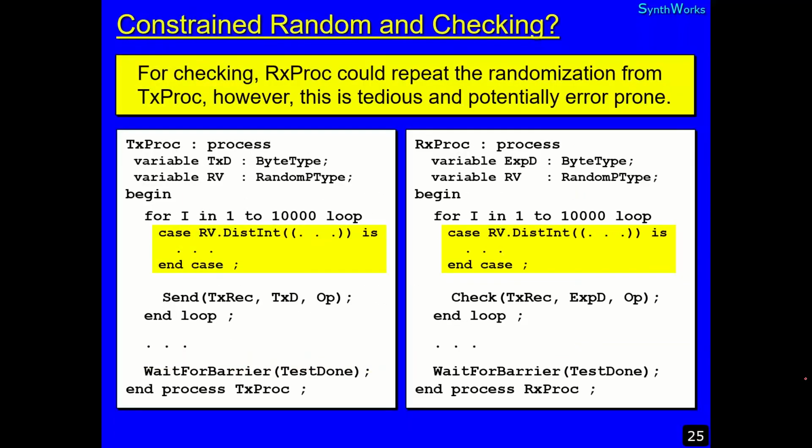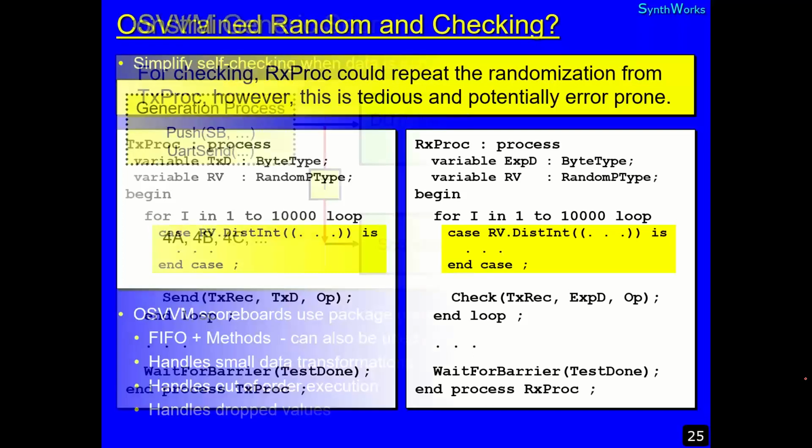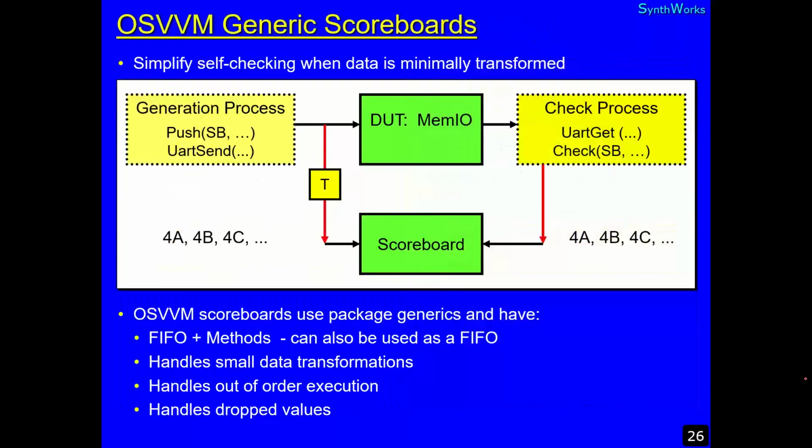Now, what about checking? Well, I could repeat that pattern in the checker process, but that's tedious, error prone, and in my mind, not a viable methodology. So we're not going to do that. Instead, this is a great time to introduce OSVVM's generic scoreboards, because we're going to use this as part of our solution.